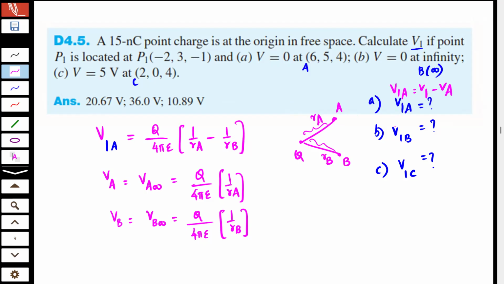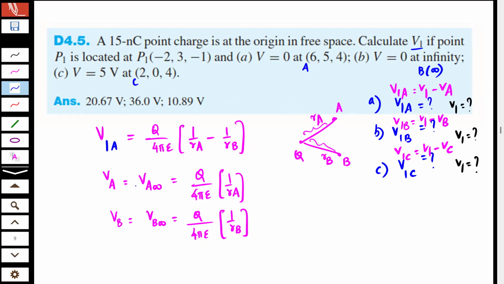And similarly, we can write V1B as V1 minus VB. And similarly, we can write V1C as V1 minus VC. With reference to this, ultimately, we need to find what is V1 for each of these cases. So if we do one by one, then you will probably understand it in a better way.